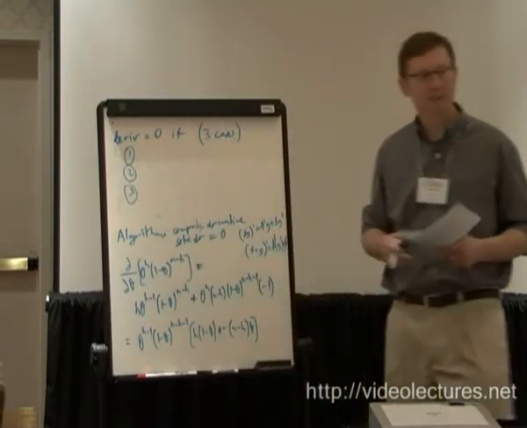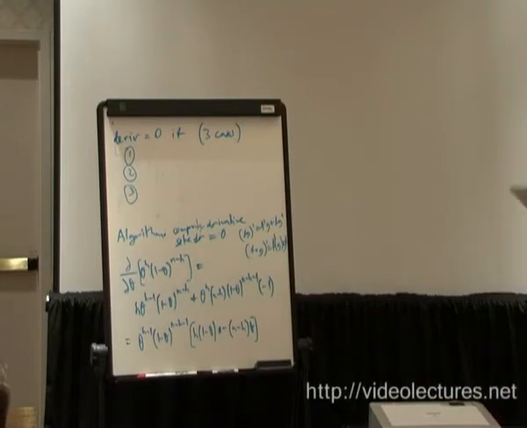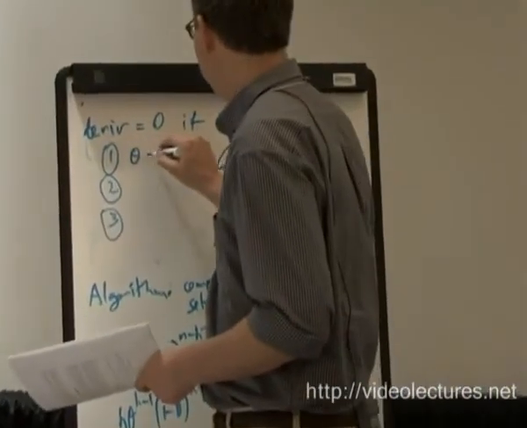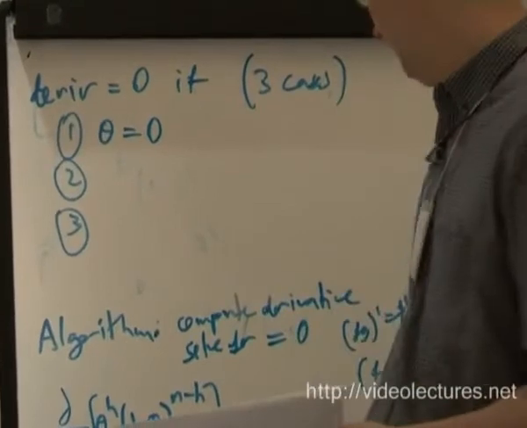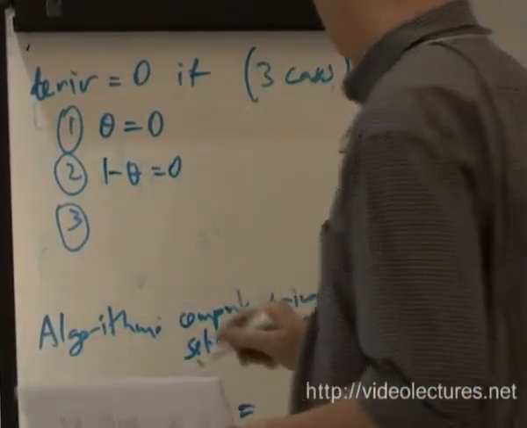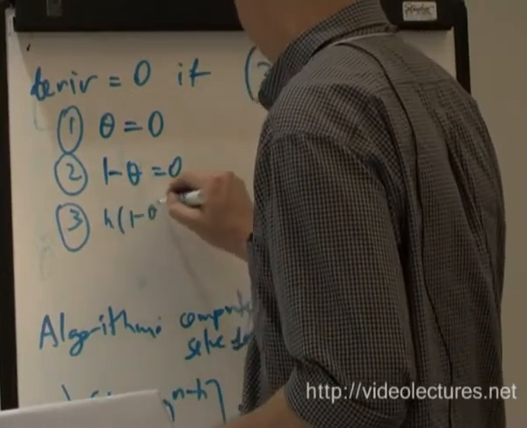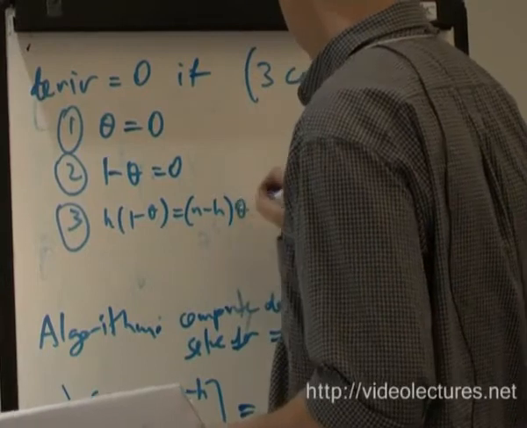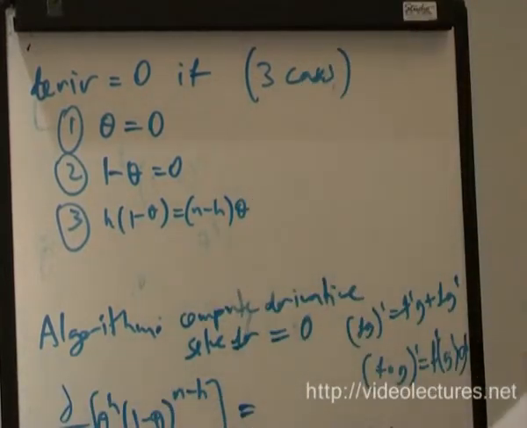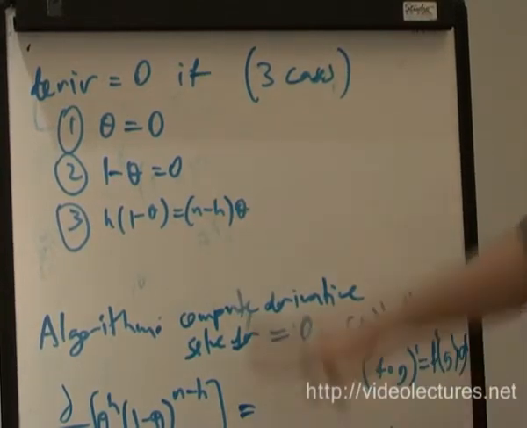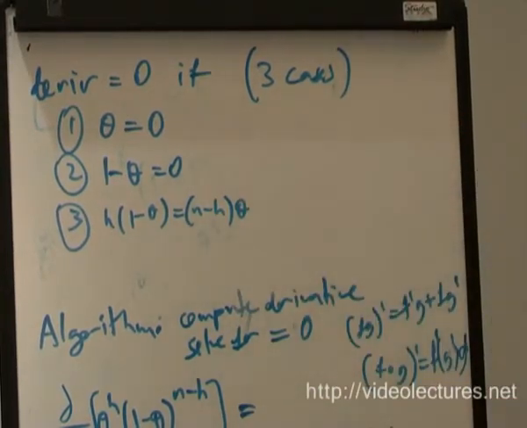What are the three cases? Yeah. The first case is theta equals 0. The second case is 1 minus theta equals 0. The third case is h times 1 minus theta equals n minus h times theta. In the first two cases, the whole thing equals 0.